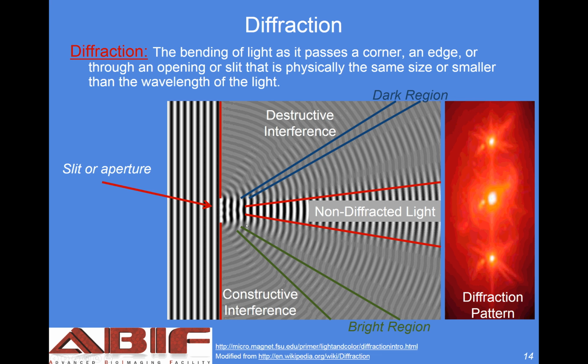In areas where the light waves combine, so the light bends by diffraction and some of those light waves combine, you get constructive interference and you get a bright spot on the diffraction pattern that's away from the non-diffracted light. And you see this is symmetric on either side of the slit. You can also have dark regions where the light waves that are being diffracted interfere destructively, and these are the dark areas between these bright spots.